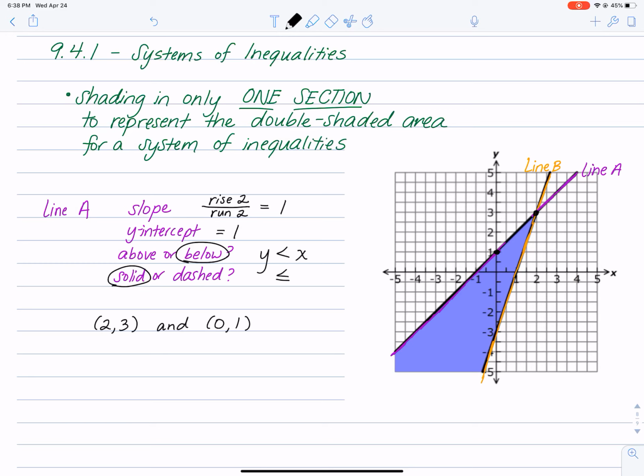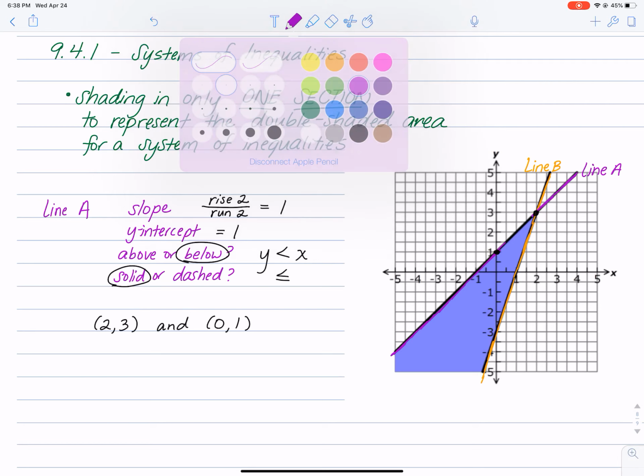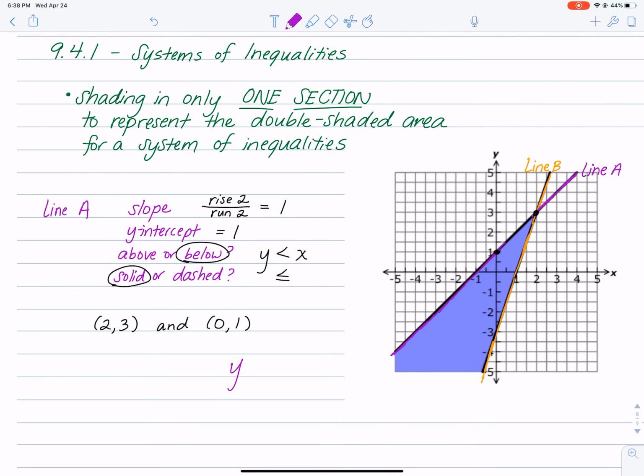And therefore the equation of line A would be, I'll change color back to the purple, y is less than or equal to 1x plus 1. We could also simplify this a little bit and take out that 1 as the slope. So y is less than or equal to x plus 1 would be our first inequality.